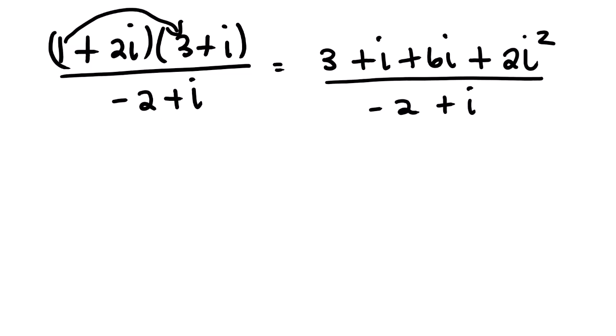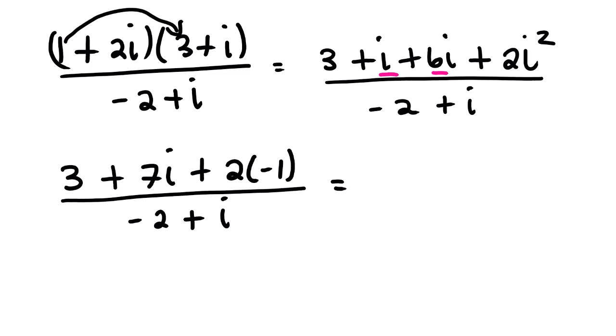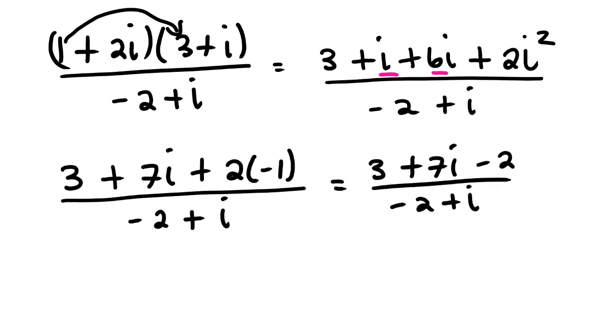Then this is equal to 3. We can see that these two are like terms. We actually have 1i plus 6i. We have 7i, and then plus 2. Remember that i squared is negative 1. Then negative 2 plus i. This is equal to 3 plus 7i minus 2 over negative 2 plus i.